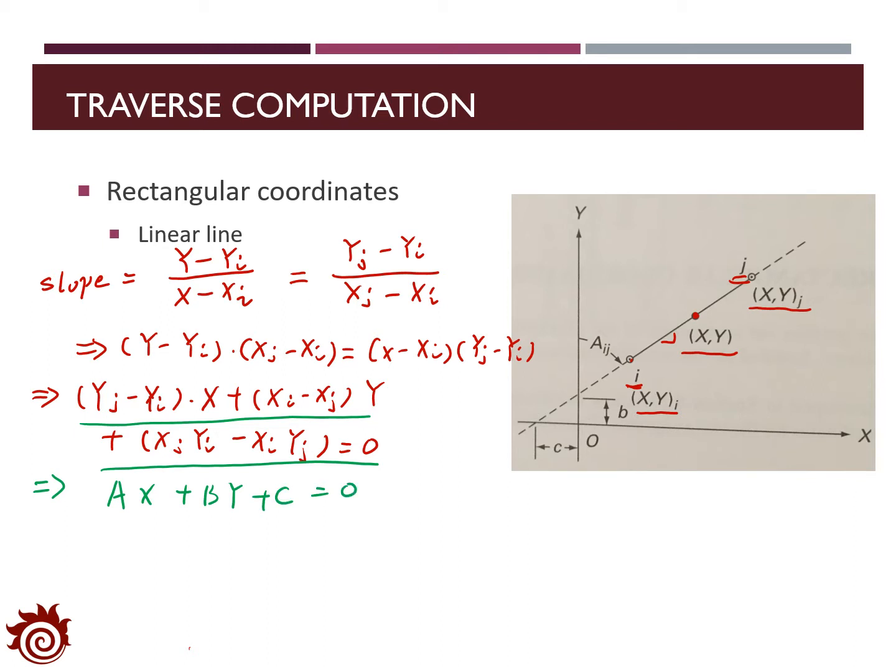Here, by comparing these two equations, we can define A as yj minus yi, B equal to xi minus xj, and capital C equal to xj yi minus xi yj.